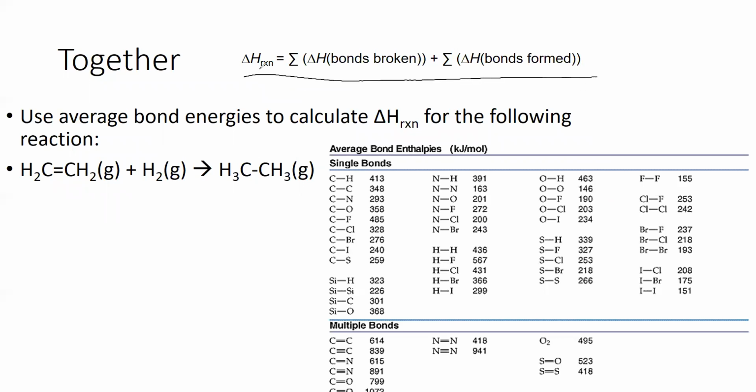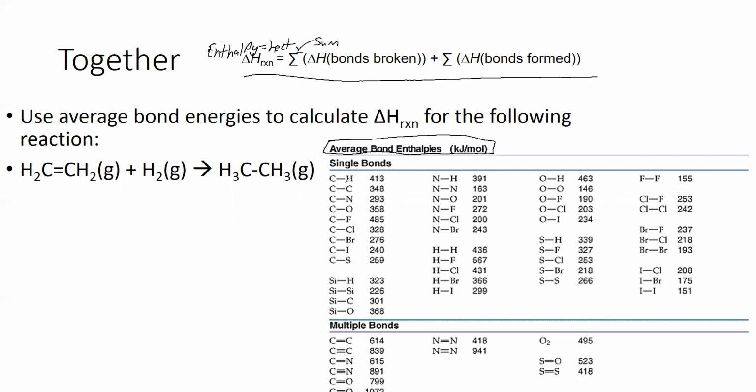The change in enthalpy of a reaction, remember enthalpy is a fancy word to say heat. So the change of heat energy in a reaction is equal to giant sigma. Remember, this means sum, so add all these together. So that's the delta H of bonds being broken. Where can we find this stuff? Well, here is a table that tells you how much energy a bond is worth, right?